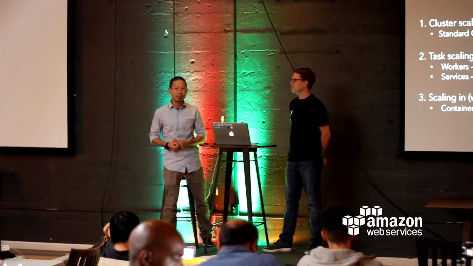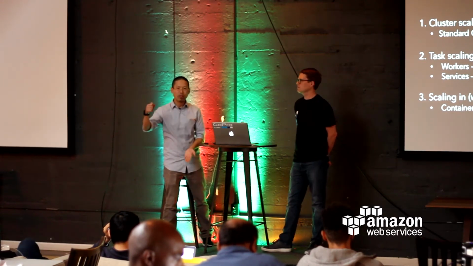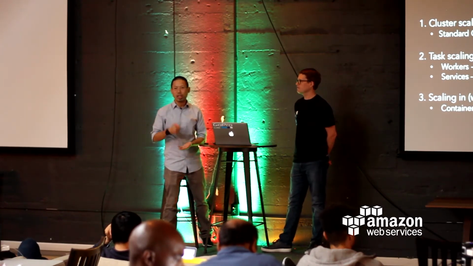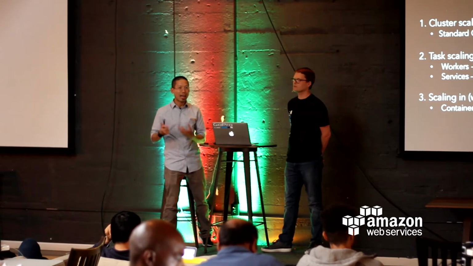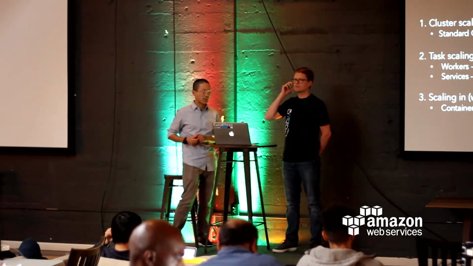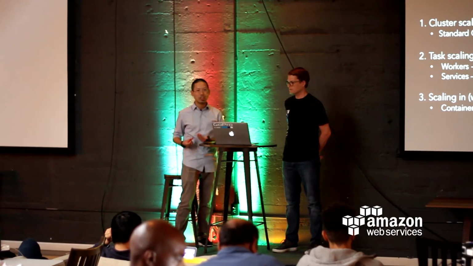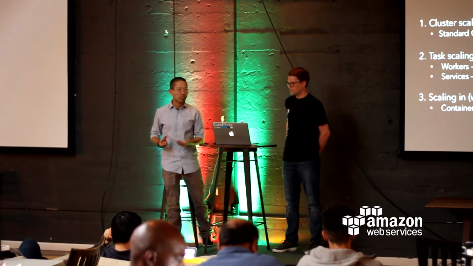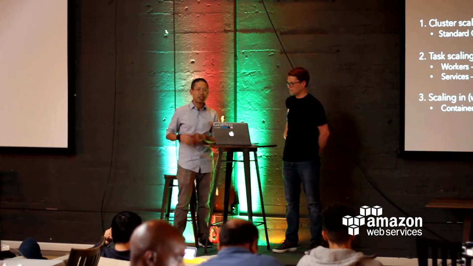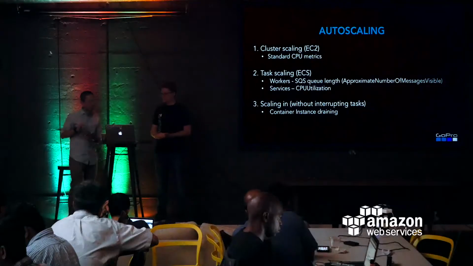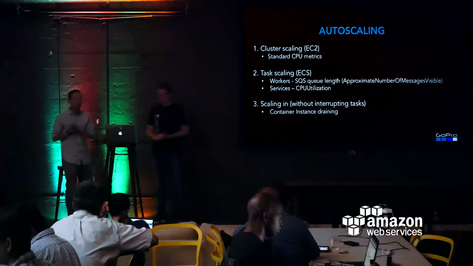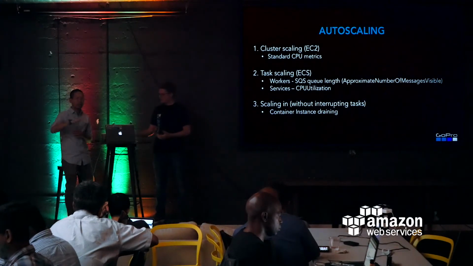We auto-scale by queue size: based on the amount of stuff in the queue, if it's not consuming fast enough, we add more workers to process the queues. And as for our services, which are our web services, it would be just like our EC2, CPU based.